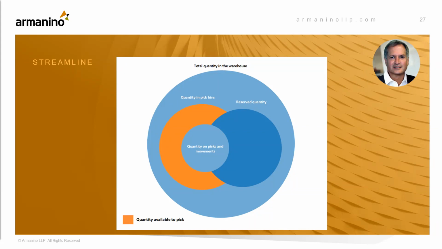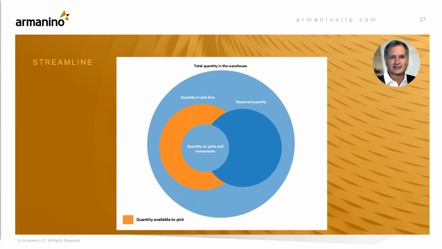A question that comes up a lot when we talk to distribution clients, or any business that has something they want to sell to clients, is that they usually have a constraint. They have fewer items than their customers want. It's an enviable position, but still it's difficult sometimes to make it all work. So what I can do in Business Central is reserve quantities for a particular sales order for a particular customer.